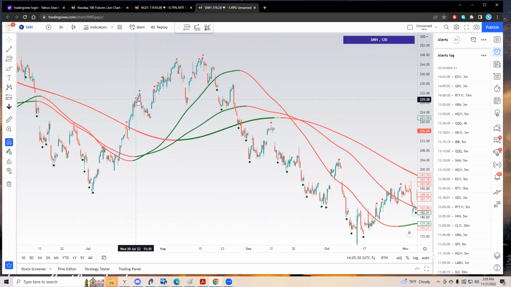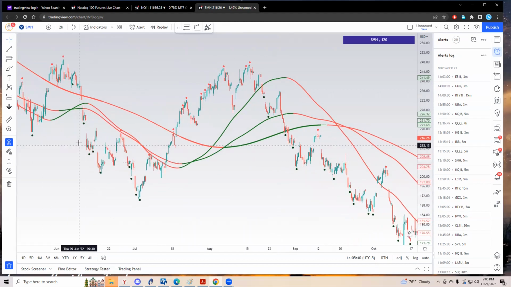You can see that the algo keeps plotting red dots. Those are pivots, potential turning points, and green dots. Those are potential points when price could go up.